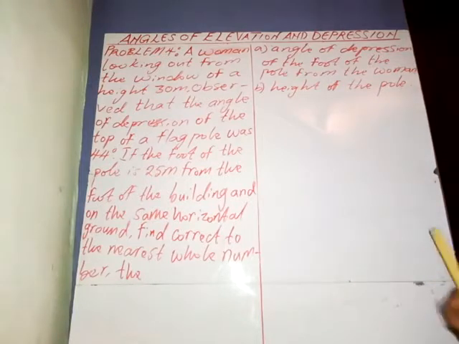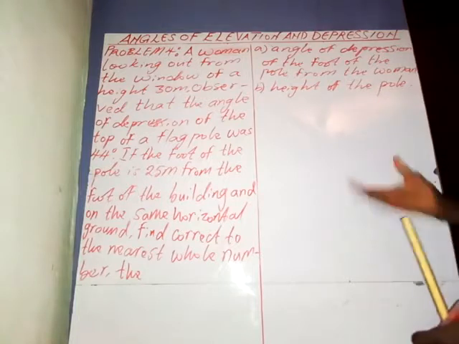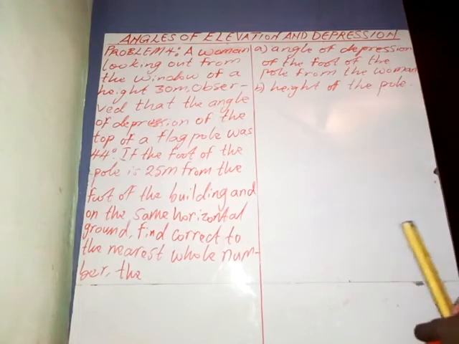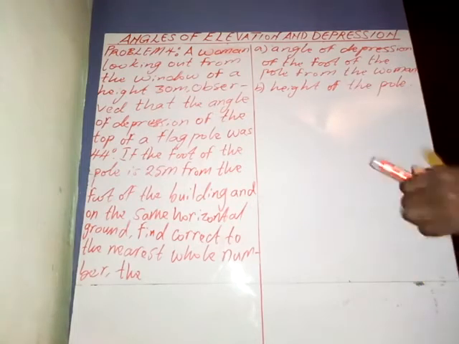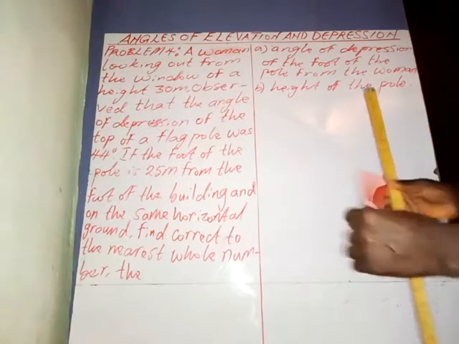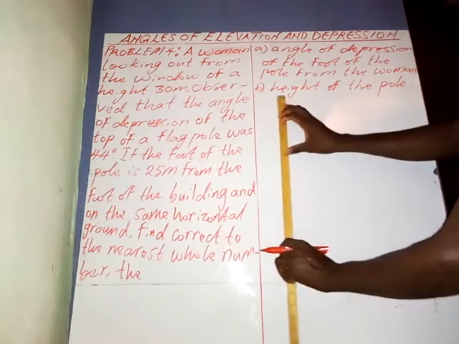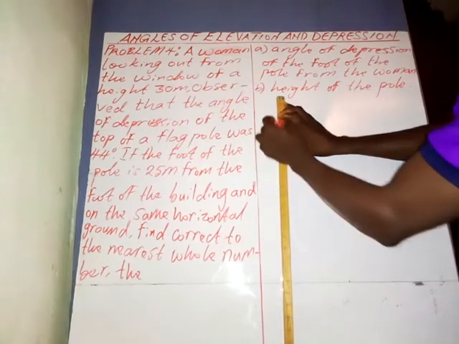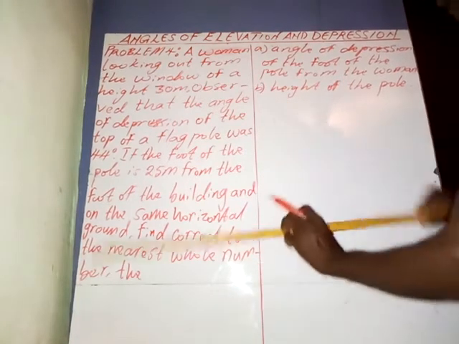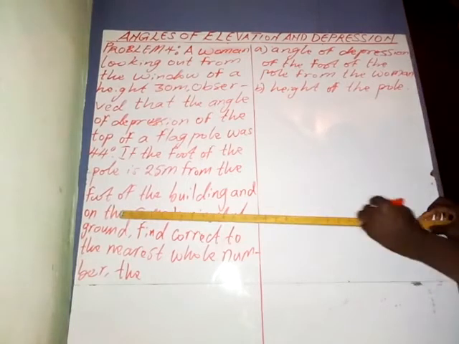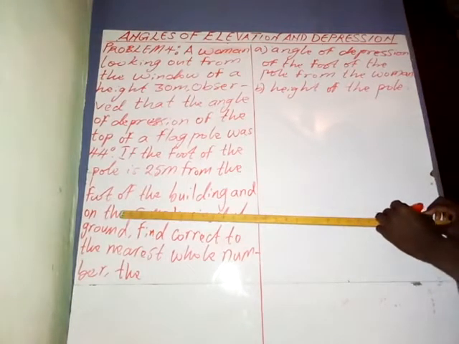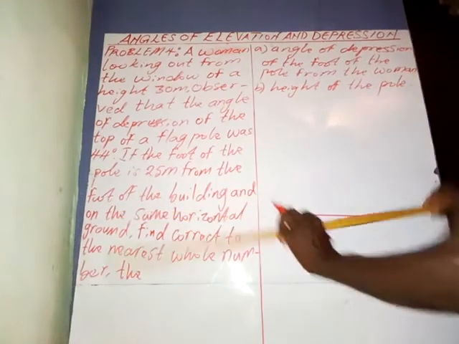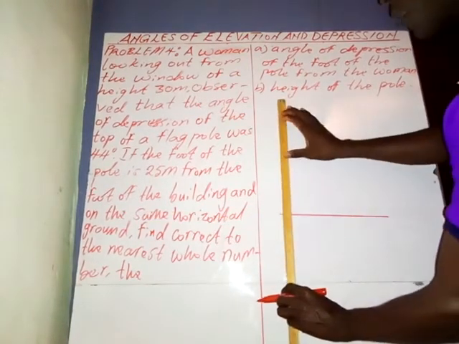So now let's analyze the question, because we are going to make a diagram that we will use to answer these two questions. We have a building on which the woman is looking through. First of all, let's make a horizontal line as the horizontal ground on which the building and the flagpole are standing.